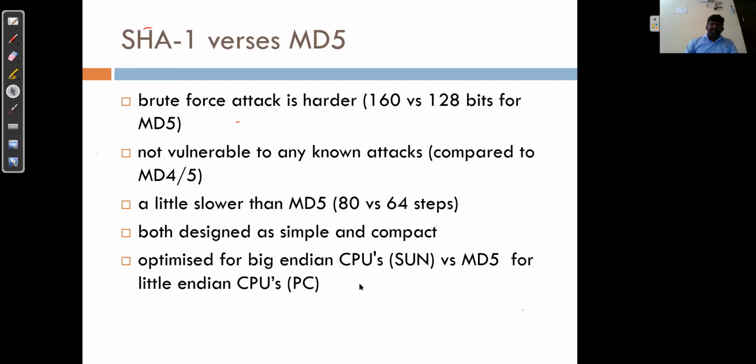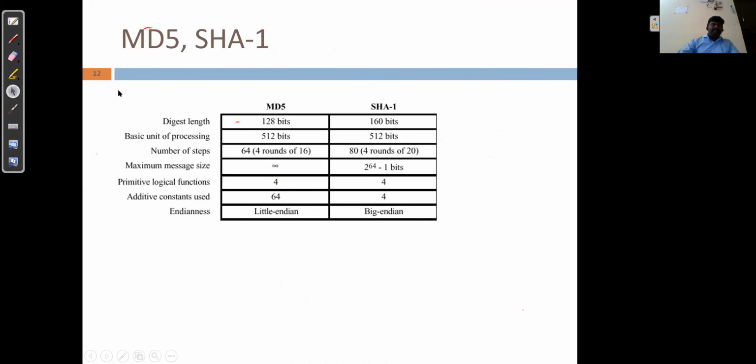So I'll explain the difference between the SHA algorithm as well as the MD5 algorithm with the table. Now this is the quick comparison between the SHA algorithm and the MD5 algorithm, right? When we talk about the digest length, this is the digest, which we can call a message digest or hash code.